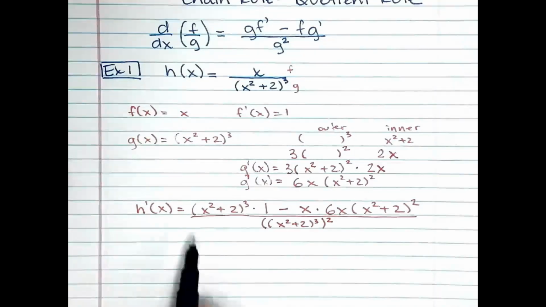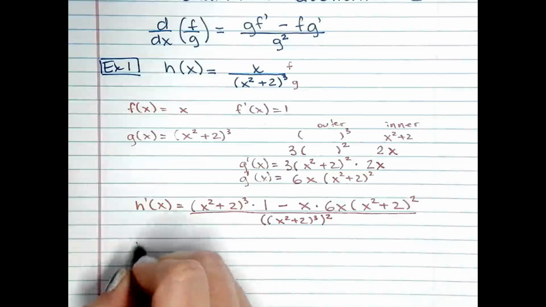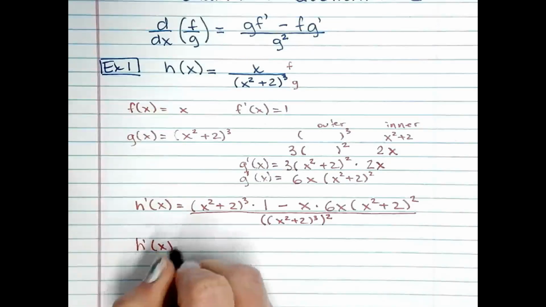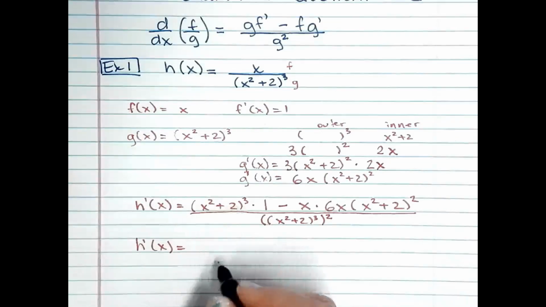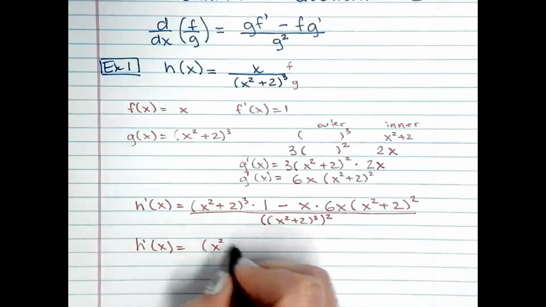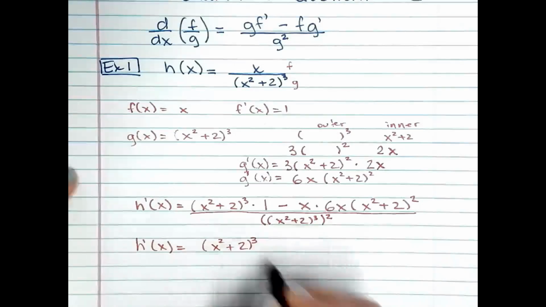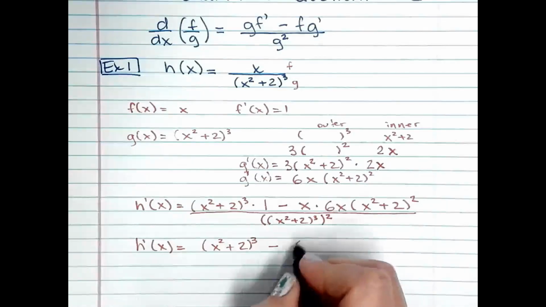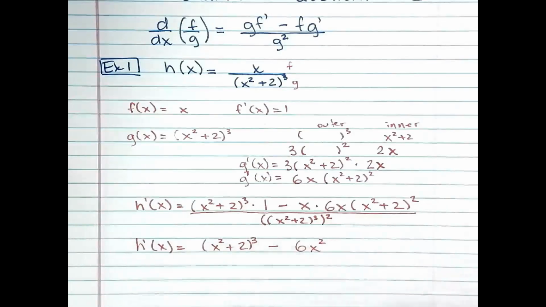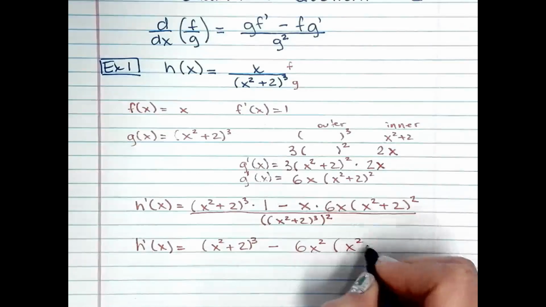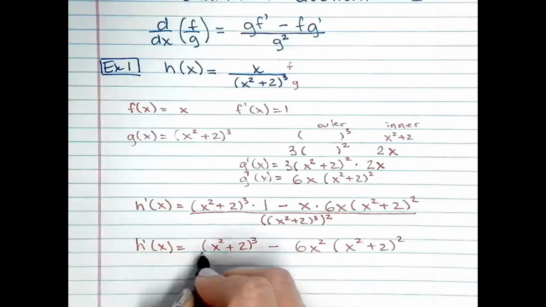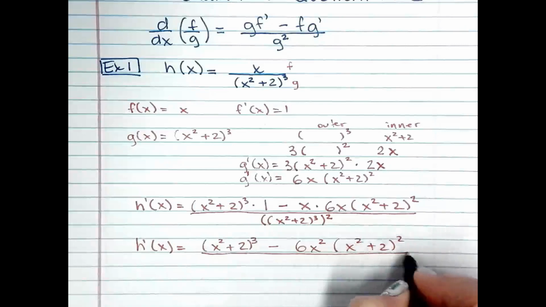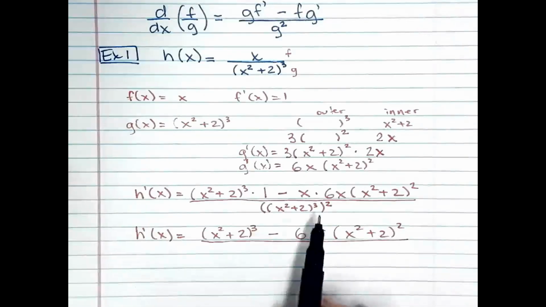Okie dokie. Let's clean this up. Here there's not much we can do. Minus, let's multiply that, giving us 6x squared. Everything goes in the denominator. Here I have a power raised to another power, so you have to multiply them.